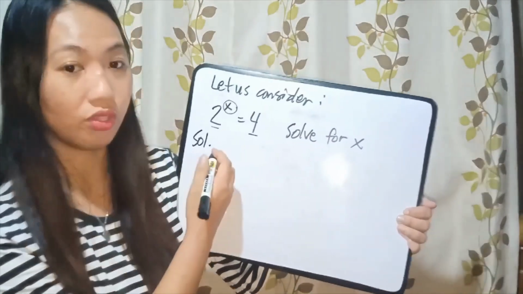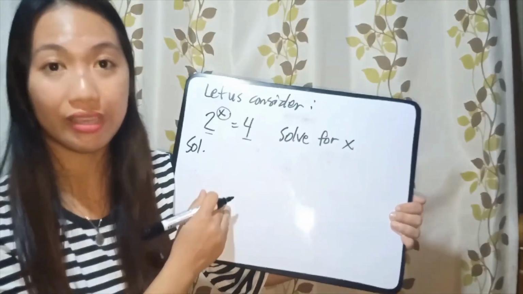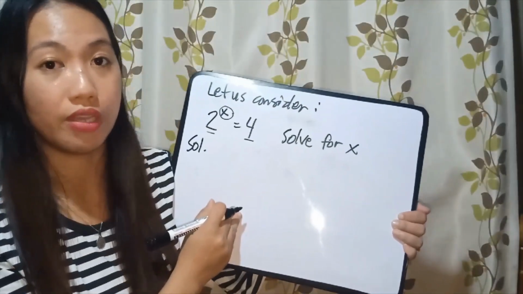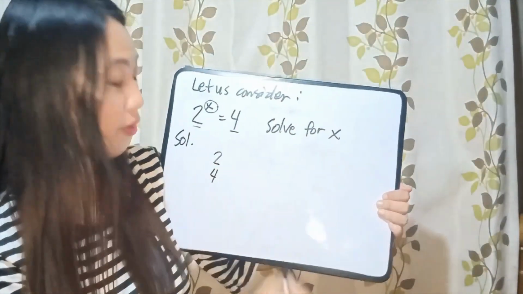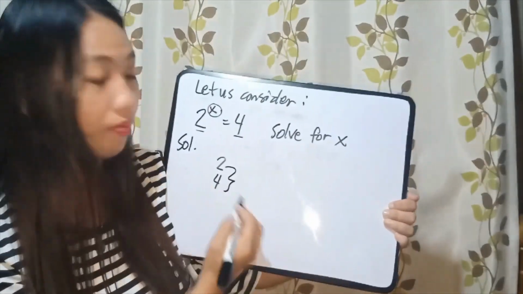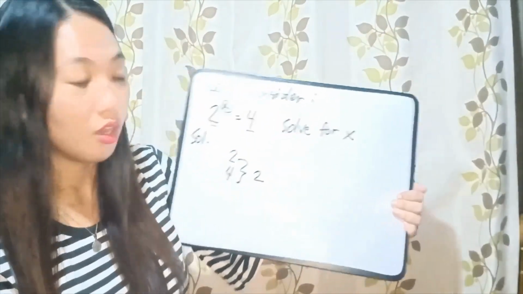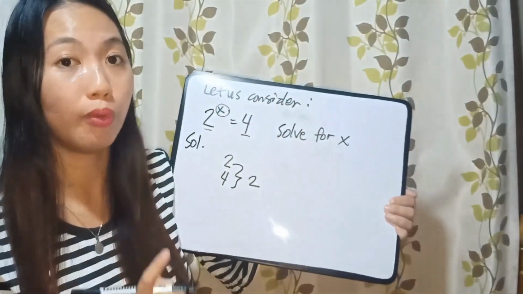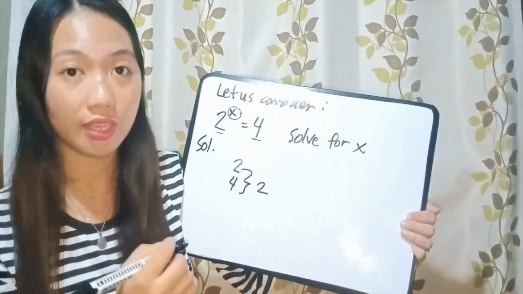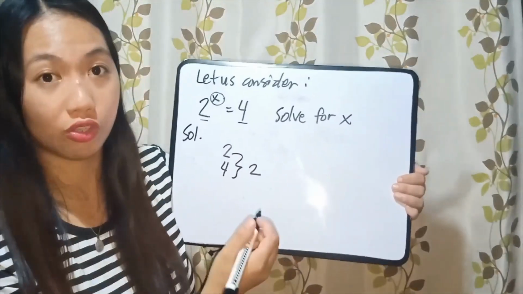So let's have the solution. First, find the least common multiple of the bases. So our bases are 2 and 4. And these 2 are multiples of 2, right? Okay, so if they are multiples of 2, find the least common multiple. To find it, we can list the multiples of 2.